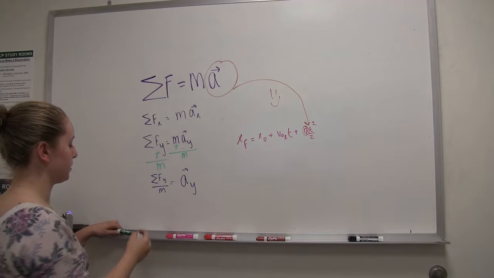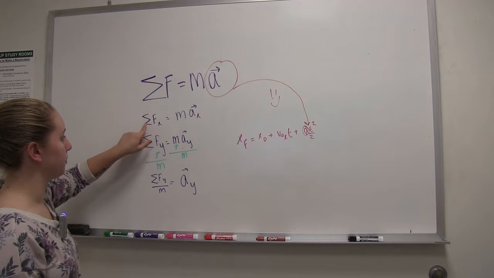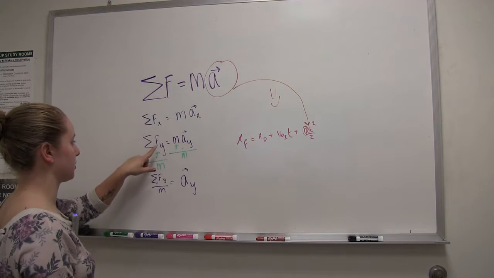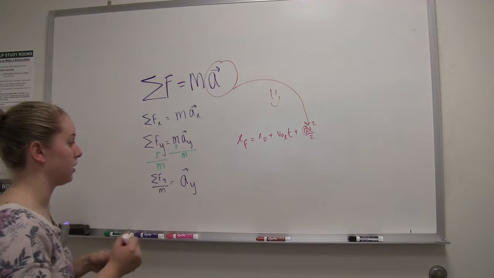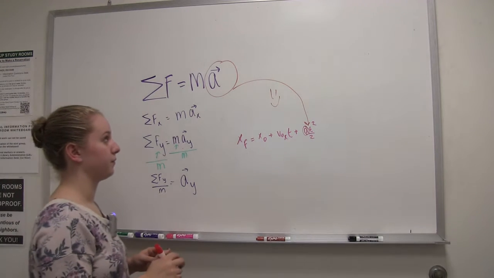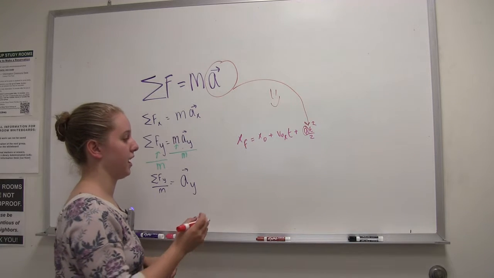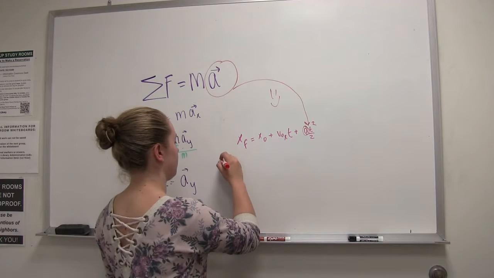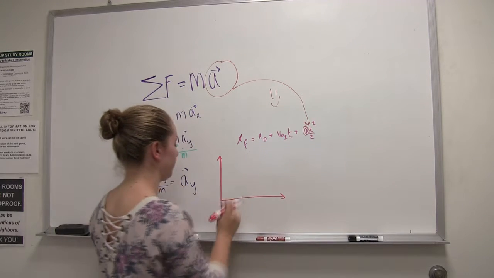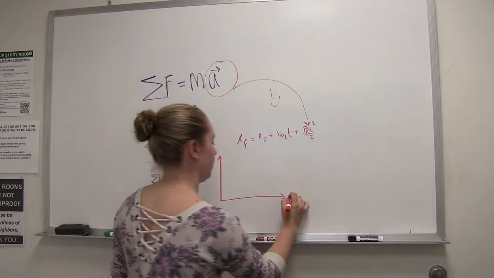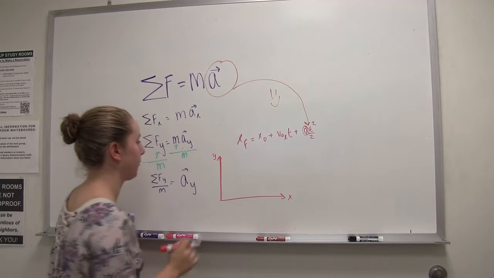Now, here I've designated the sum of forces in the x direction and the sum of forces in the y direction. This is another factor that will come with x and y coordinates and vectors, so I'll give you an idea. X here, y here.